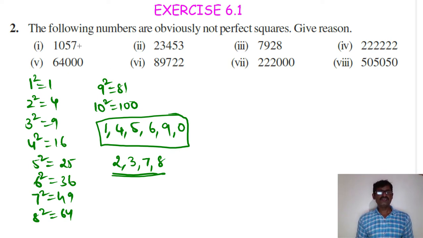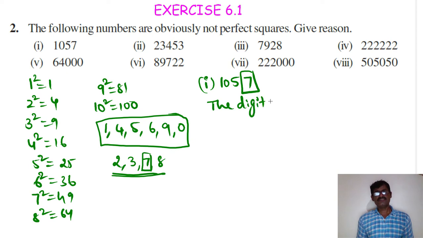So now let us see the first one, 1057. Here we have 7 in its units place. So if we have 7 in its units place, it is not a perfect square number. So here what can we write? The digit in units place equals 7.